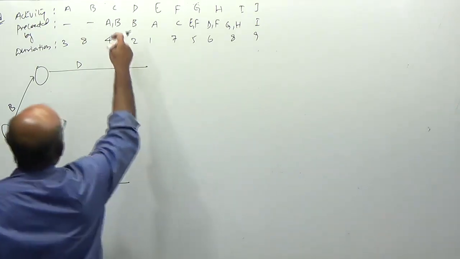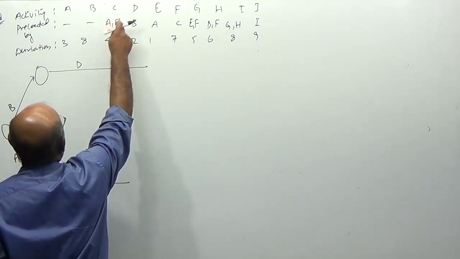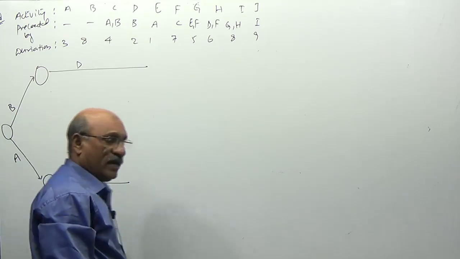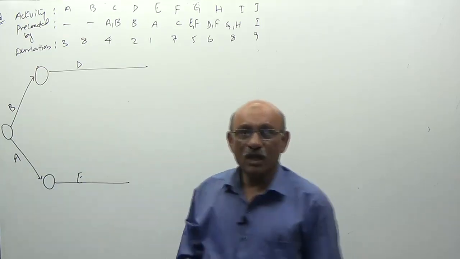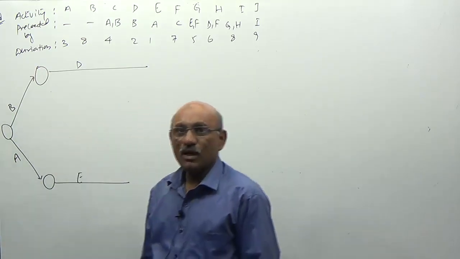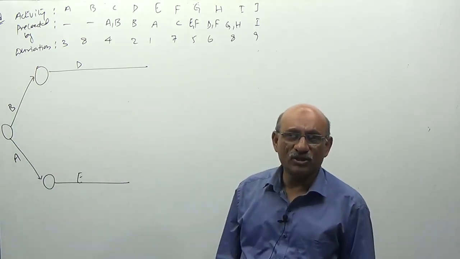But for activity C, A and B are both predecessors. For A and B I have the same initial node.